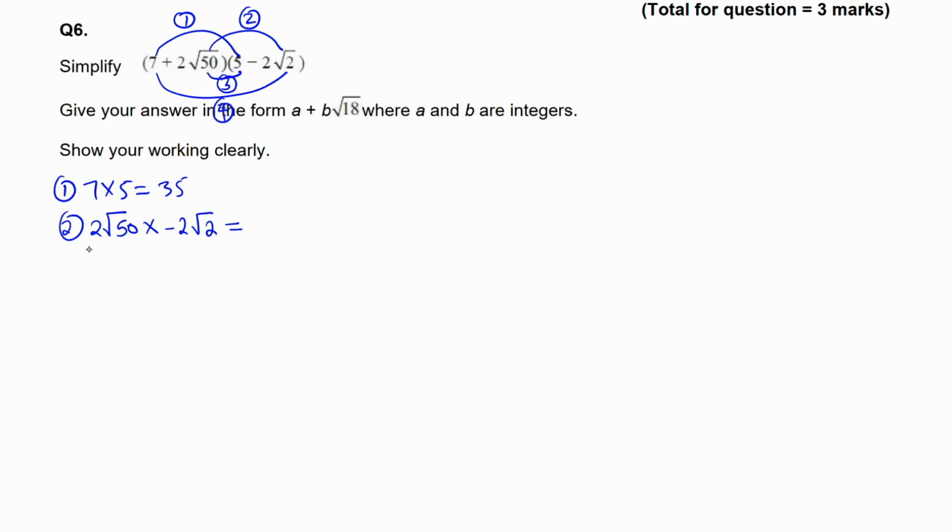So negative 2 multiplied by negative 2, that will be negative 4. Now square root of 50 multiplied by square root of 2, that's the same as square root of 50 multiplied by 2, which will be equal to negative 4 square root of 100. Now square root of 100 is 10, so this will be equal to negative 40.